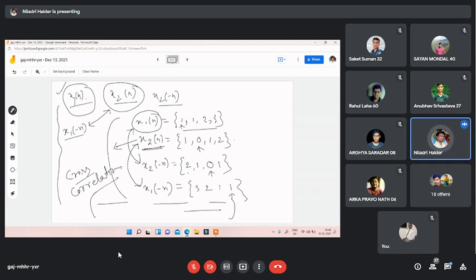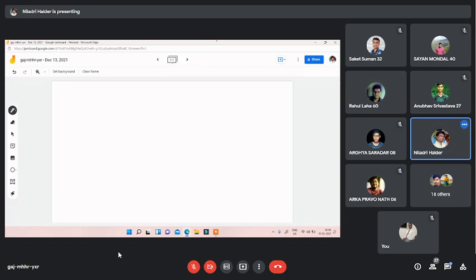Whenever it is mentioned, then go for that. Otherwise, for the normal process to calculate the convolution, linear or circular, you will always follow that process.